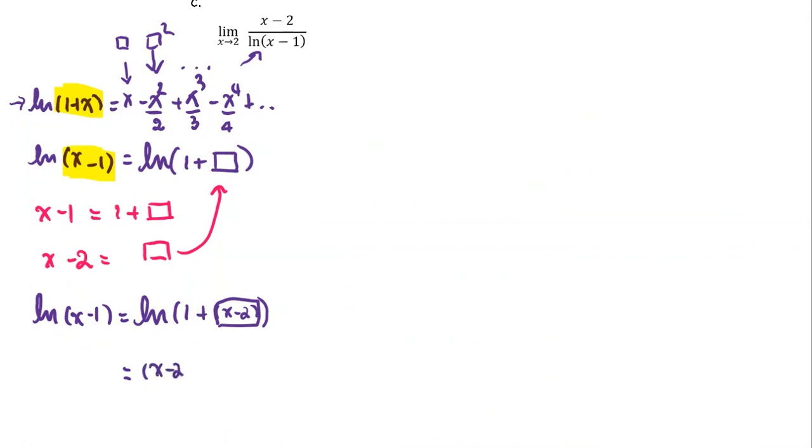Then we get x minus 2 to the power 1 minus x minus 2 to the second over 2 plus the quantity x minus 2 to the third power over 3 minus the quantity x minus 2 to the fourth over 4 and so forth.